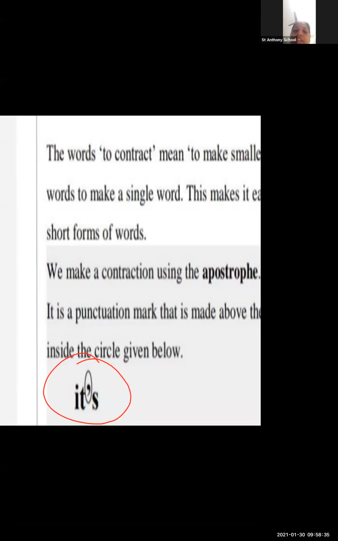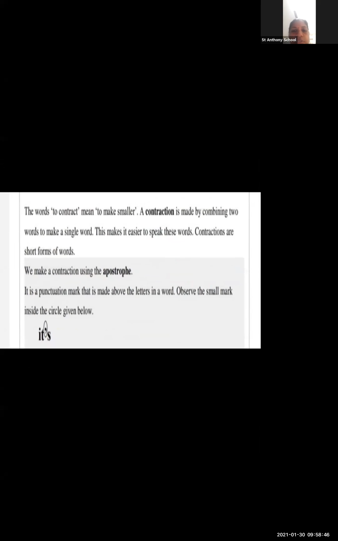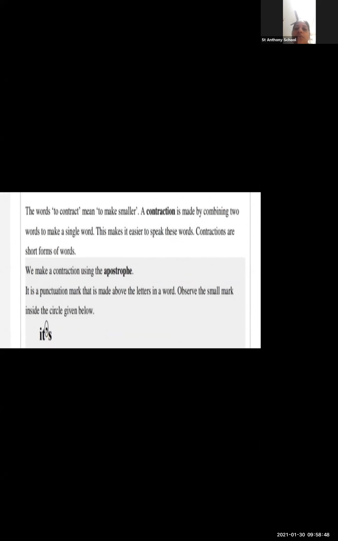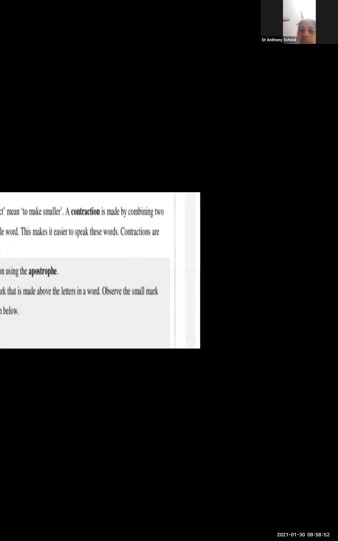What is it considered? This one is considered to be the apostrophe. And when we talk about the contraction, we use the apostrophe in that word. Now, by using the apostrophe, we have made a contraction of the words it is.